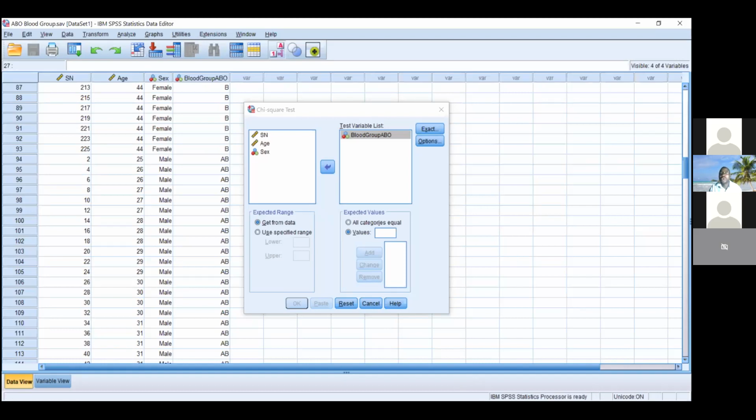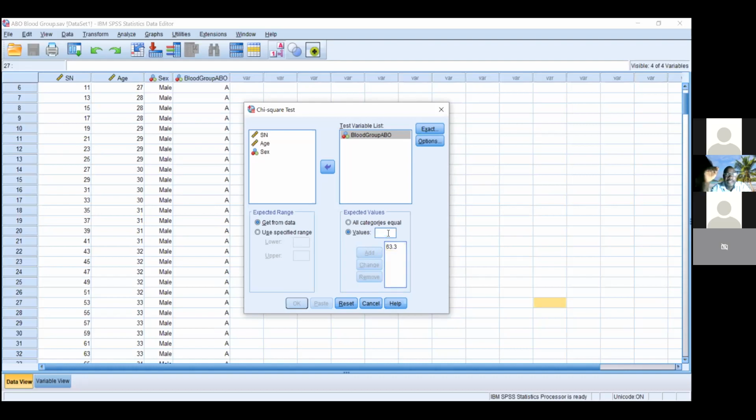So I think you should do that now, Dr. Fatima. The first one, type 63.3 in that space. Then type 56.7, that is for the second one.